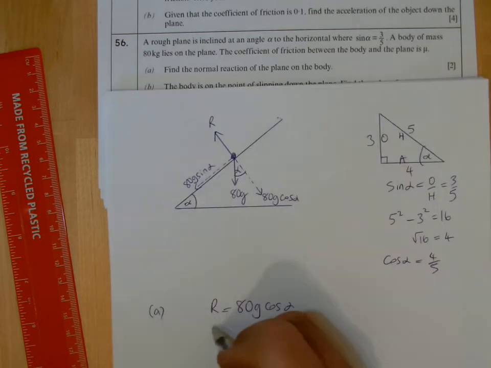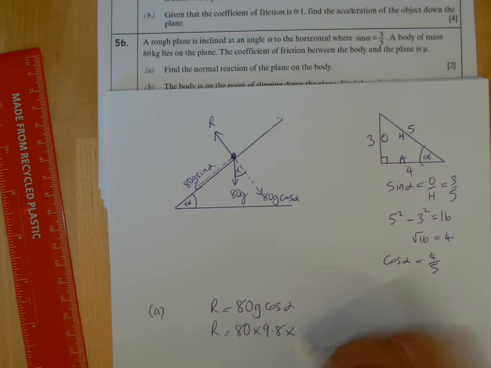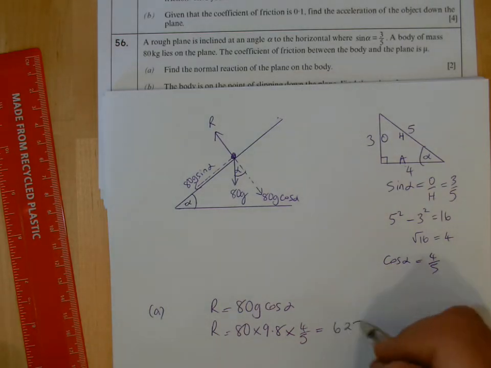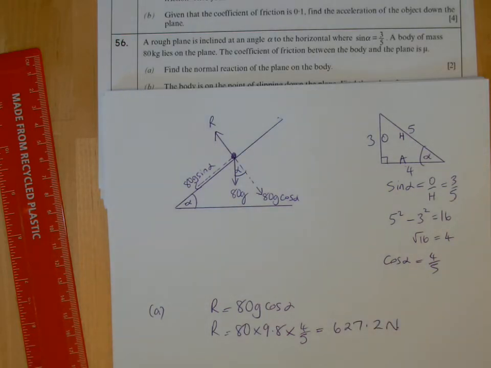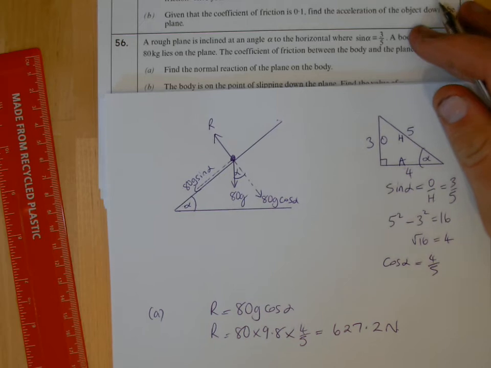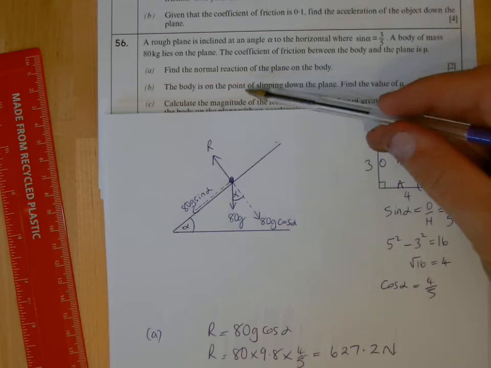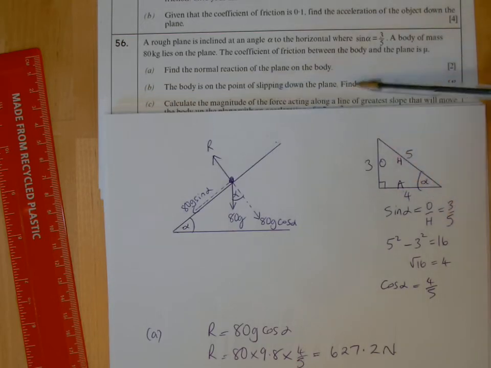Of course we know g is 9.8, and cos alpha, as we worked out, is 4 over 5. So we'll work that out, and we get 627.2 newtons.